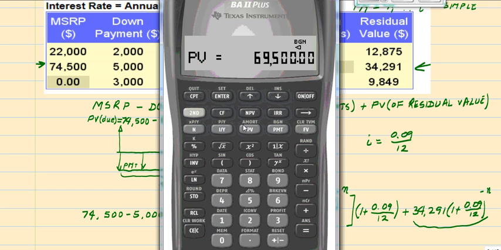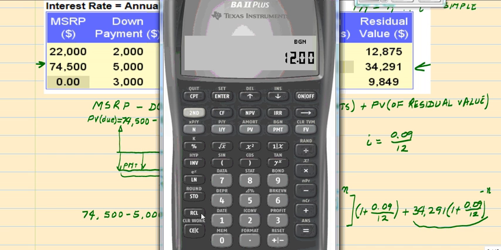Then we have to make sure that we also go second function I over Y, and we have 12 payments per year, so we put 12, enter, and 12 compounding periods per year. So that's what we have in here.